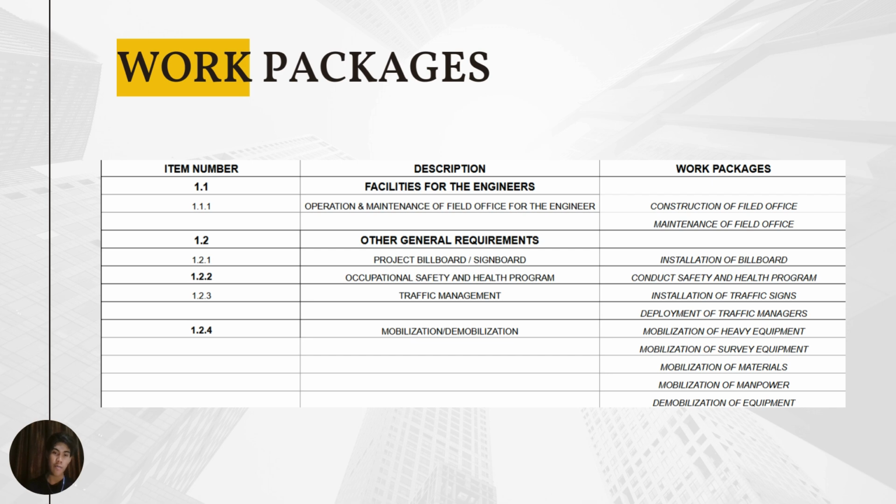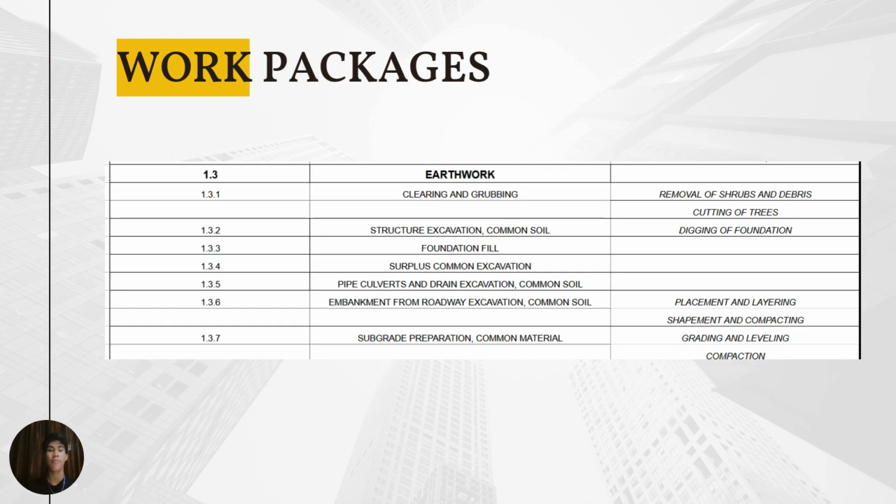For other general requirements, we have the project billboard or signboard, occupational safety and health program, traffic management, which includes installation of traffic signs and deployment of traffic managers, and mobilization and demobilization. In mobilization, we have your heavy equipment, survey equipment, materials, manpower, and demobilization of equipment.